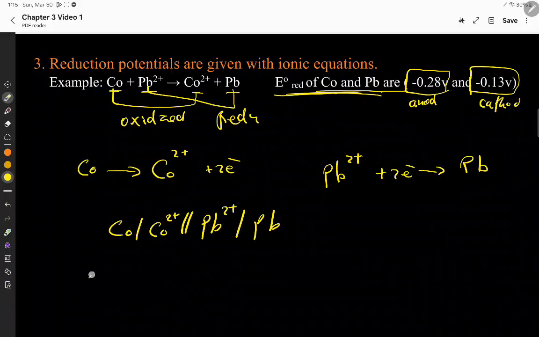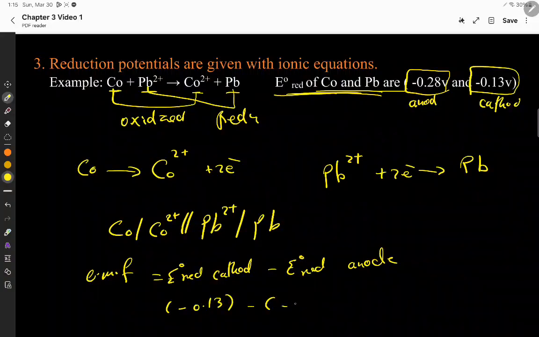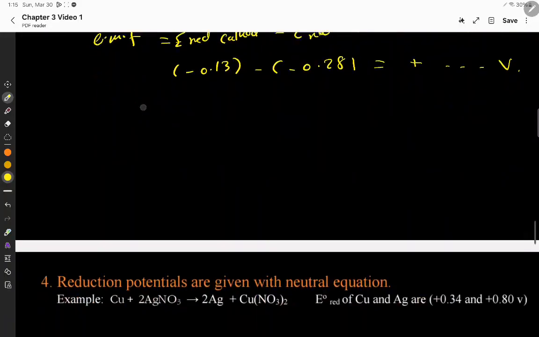The rule to calculate the electromotive force is reduction of cathode minus reduction of anode, that's going to be negative 0.13, this is the cathode, minus negative 0.28. Calculated, it will be positive something volt. You can complete it, and these are the types of questions that can be asked.